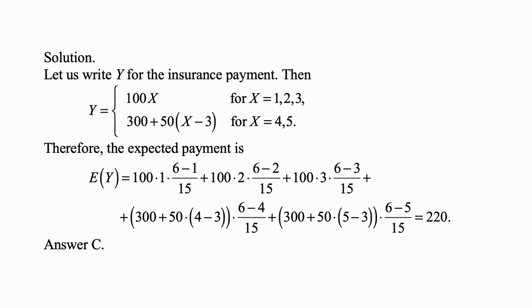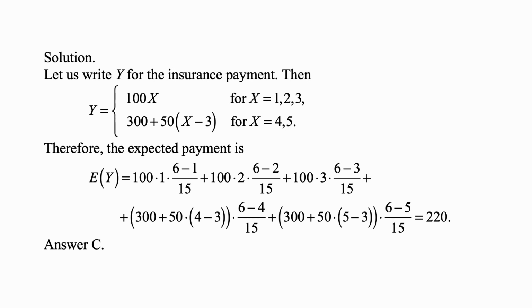And the probability of being 1 day in the hospital is (6 minus 1) over 15. Then if it's 2 days, it's 100 times 2 times (6 minus 2) over 15, because (6 minus 2) over 15 is the probability of being in the hospital for 2 days. Then it's 100 times 3 times (6 minus 3) over 15, because (6 minus 3) over 15 is the probability of the patient being in the hospital for 3 days.